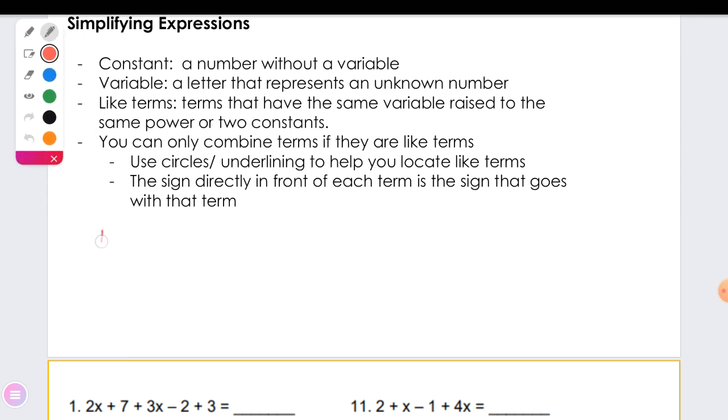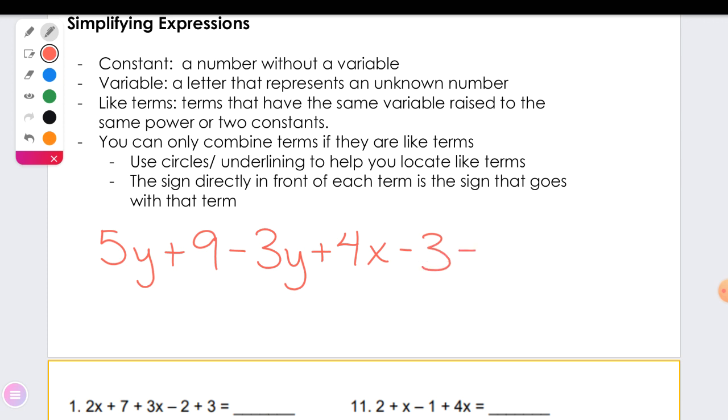Okay, let's do 5y plus 9 minus 3y plus 4x, plus, nope, minus. It's a long one.